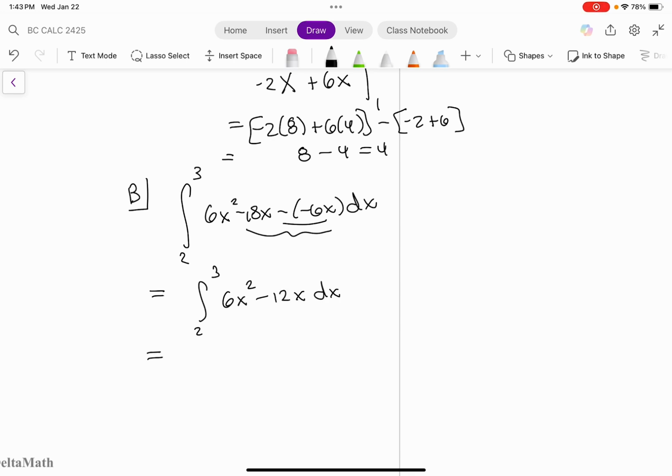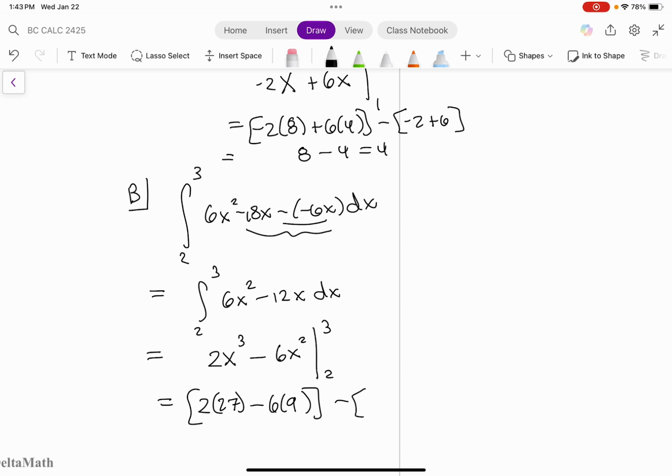By the fundamental theorem, this is 2x cubed minus 6x squared. Plugging in 3, we get 2 times 27 minus 6 times 9.